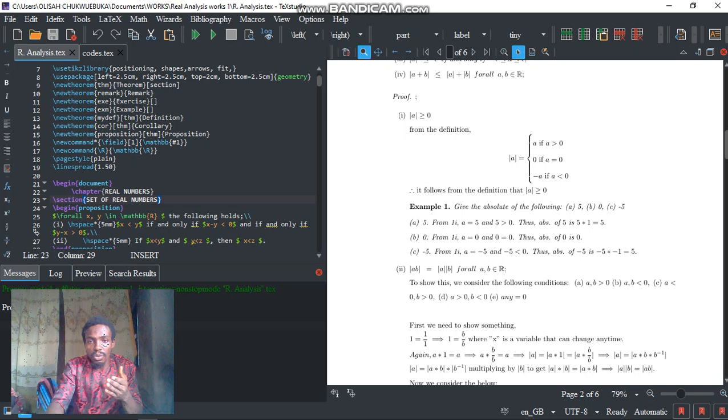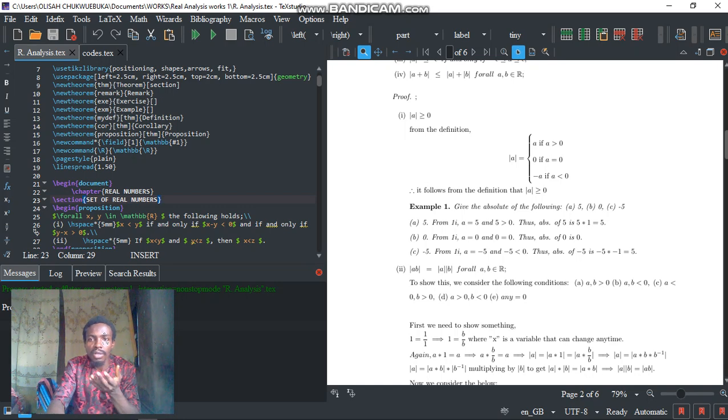If it is negative, multiply by negative 1. If the value is 0, multiply by 0. So the sign of 5 is positive, meaning we multiply 5 by positive 1 to get 5. That is how the absolute value of 5 equals 5.